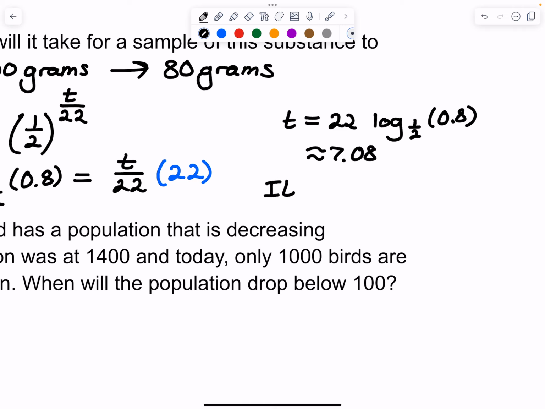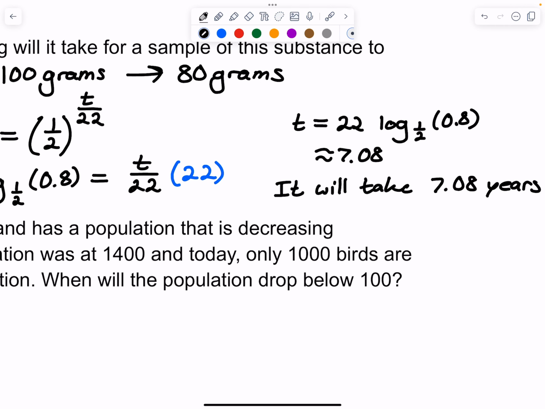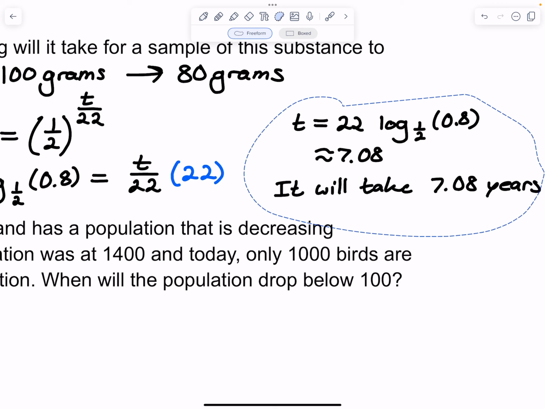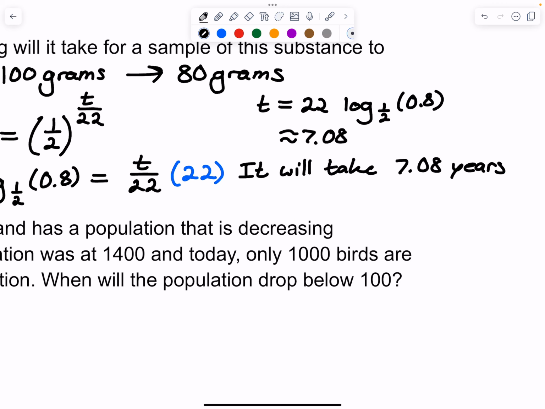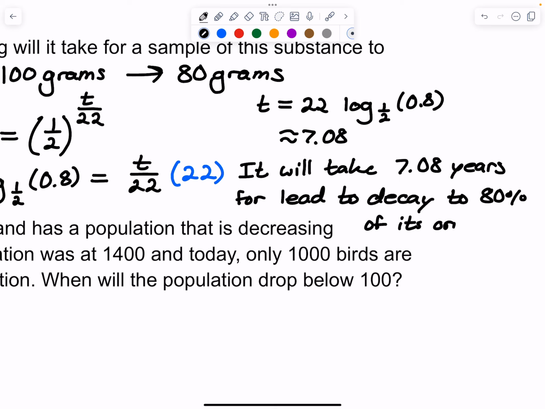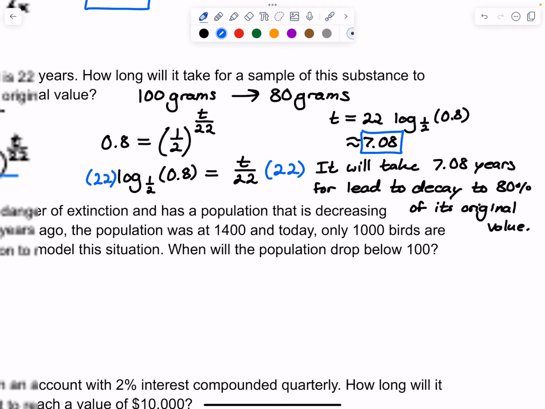As a sentence, it will take 7.08 years for lead to decay to 80% of its original value. I'm running out of space, but that's the sentence. Done.